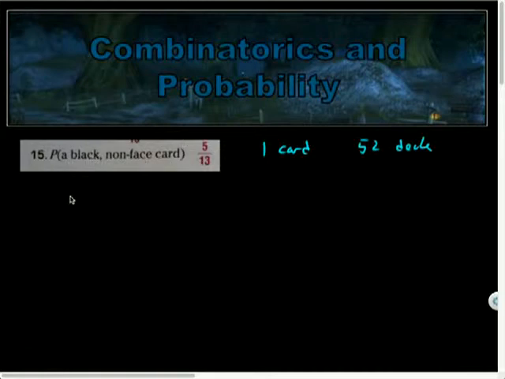First of all, how many cards are black in the deck? That'd be 26. Half of the deck is black, the other half is red cards. And how many face cards are there?